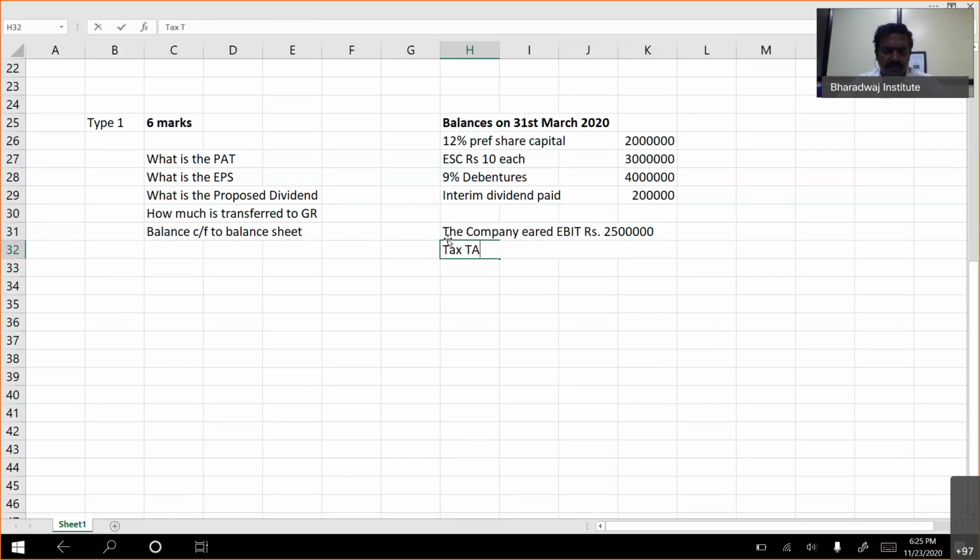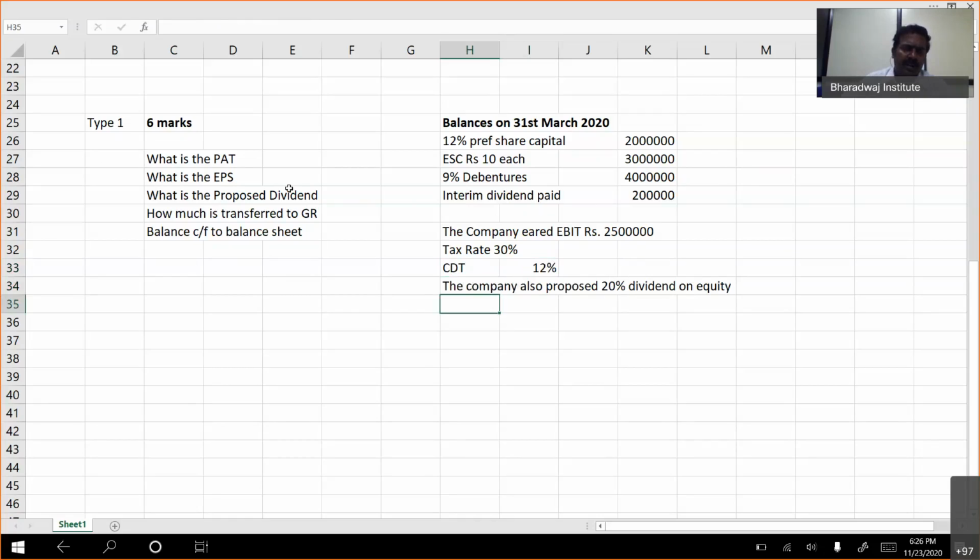Tax rate 30%. Dividend distribution tax or corporate dividend tax is given as 12%. The company proposed 20% dividend on equity.